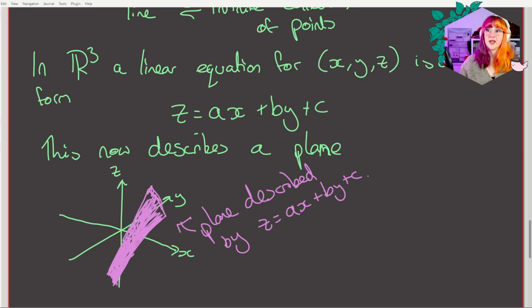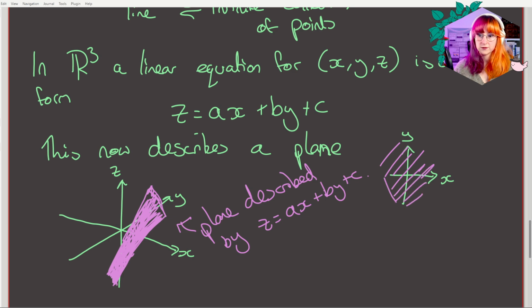So if I'm on that plane, I'm walking around and it's all flat. If I look down the z-axis on it, and I have xy, what I'm seeing is all of it.